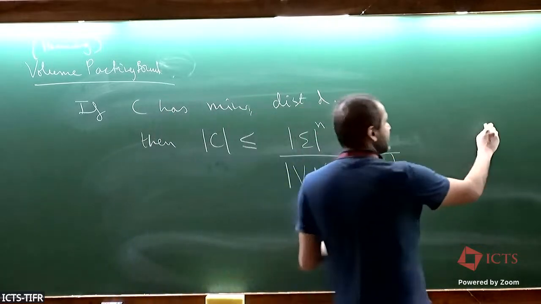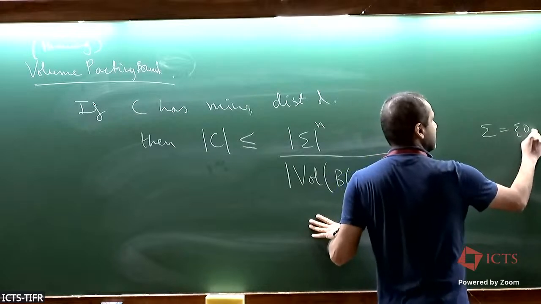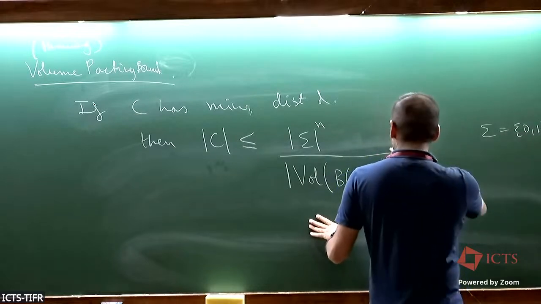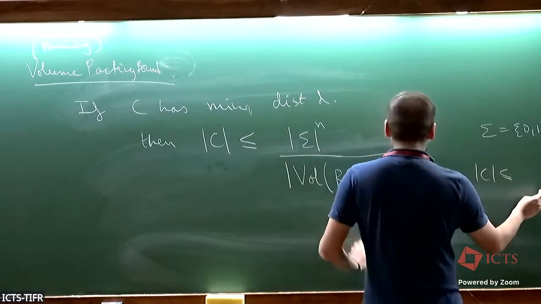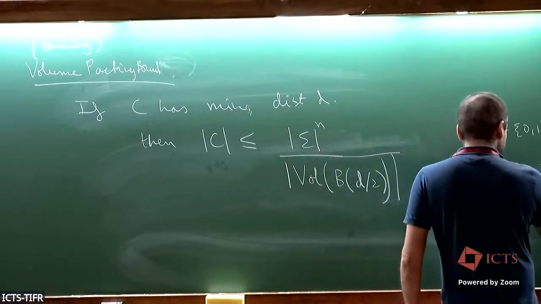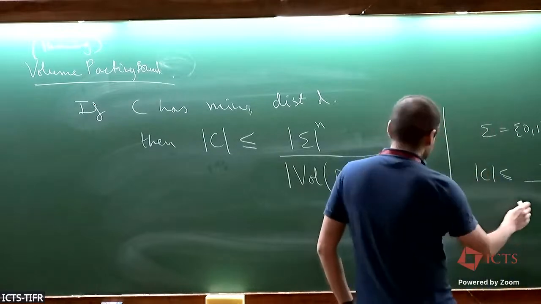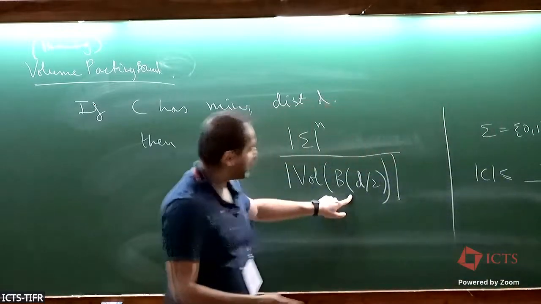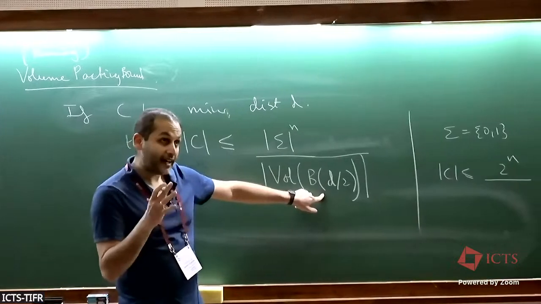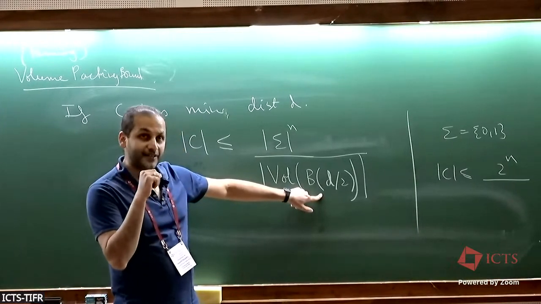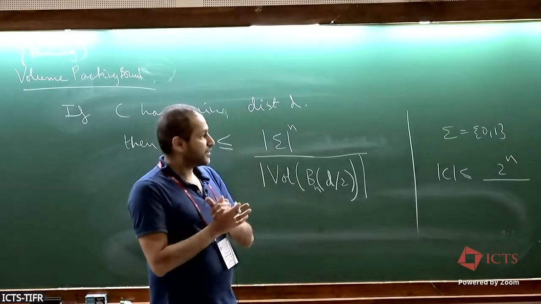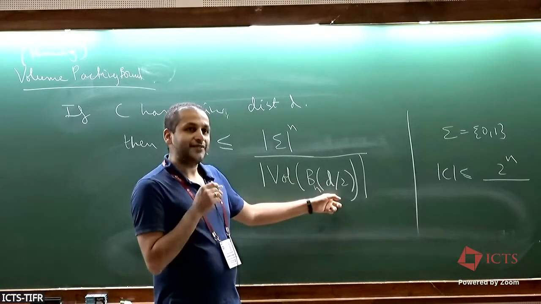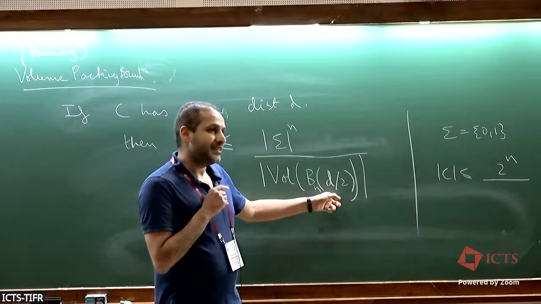If sigma is {0, 1}, then in that case, this bound is the size of C is at most 2 to the n over the volume of the ball of radius d over 2 in {0, 1} to the n. What's the volume of the ball of radius d over 2 in {0, 1} to the n?